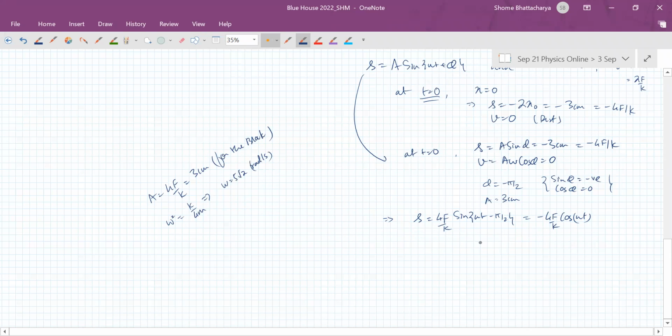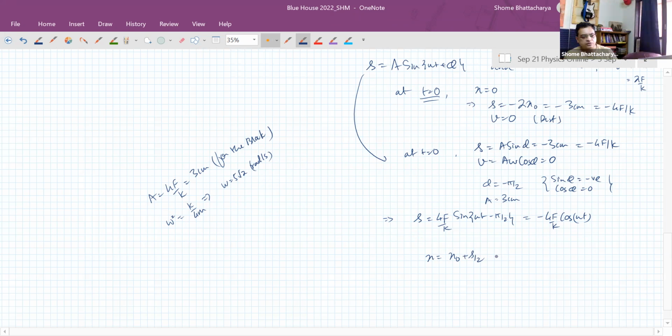But now I can also understand that x is equal to x naught plus s by 2, as a function of time. Now remember, what is x naught? It is 2F by k plus s by 2. So from here, s is this. The displacement of the block as a function of time is this.